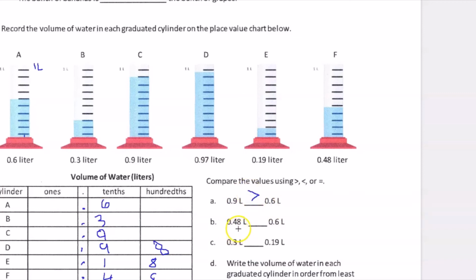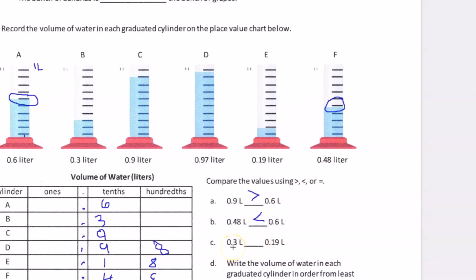Is 48 hundredths bigger or smaller than 6 tenths of a liter or 60 hundredths of a liter? If I'm looking over here, here is 0.48, and over here is 0.6. It looks like 0.6 is higher than 0.48. So that would be less than here.